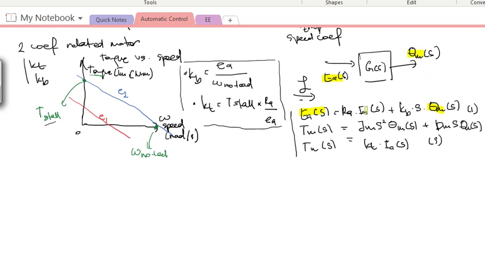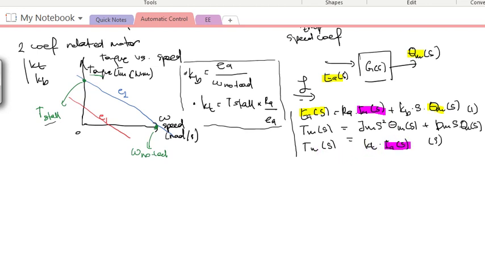But there is another unknown that we don't want, which is IAS. So we have to replace IAS. How do we replace IAS? From the third equation, IAS can be written as TM over KT.